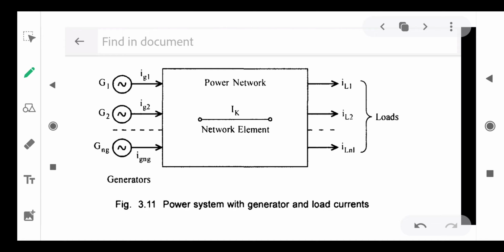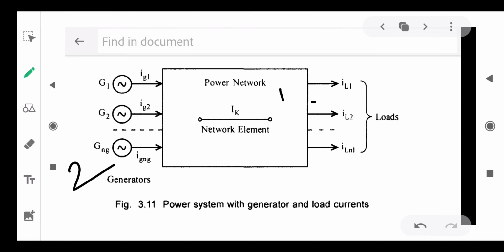For the derivation of B coefficients, let us consider a power system. This is the power system network in which generating stations are connected together. These are the generating plants: G1 is generator 1, generator 2, and n number of generators are there in order to feed the load. Here loads are at distinct positions, distributed loads.